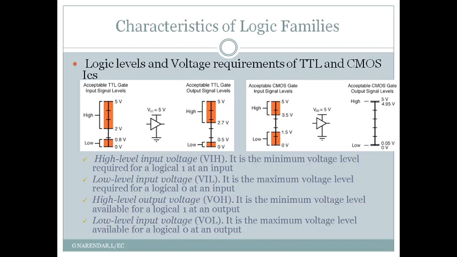Here, we are saying that the circuit is designed to input and output only two types of signals, which are exactly called logic levels. One is logic 0 and the other is logic 1.